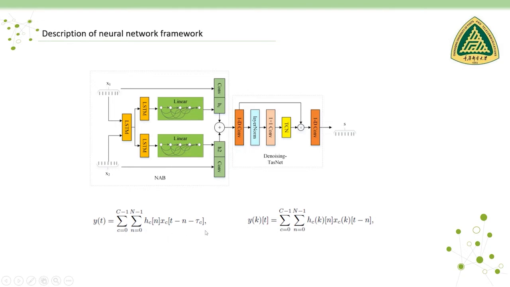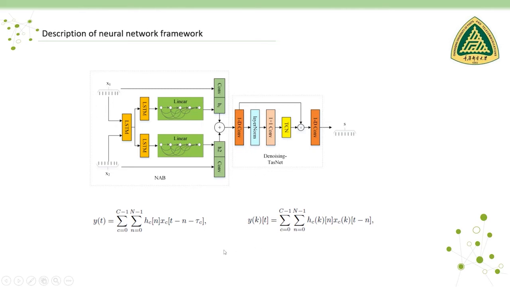We know tau_c is the relative delay of each channel, but we use this second formula to compute the output of NAB.